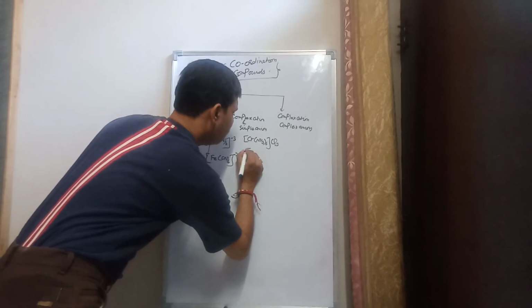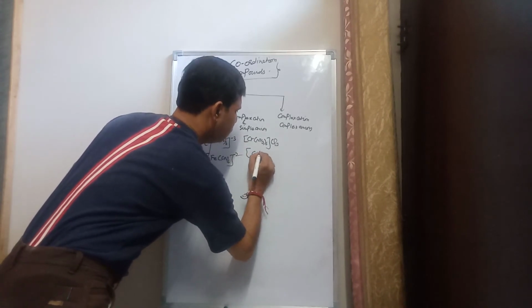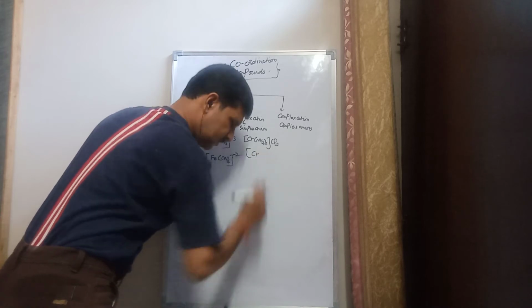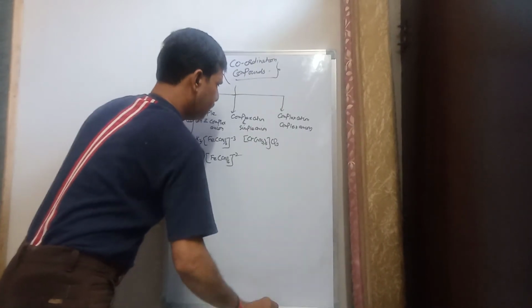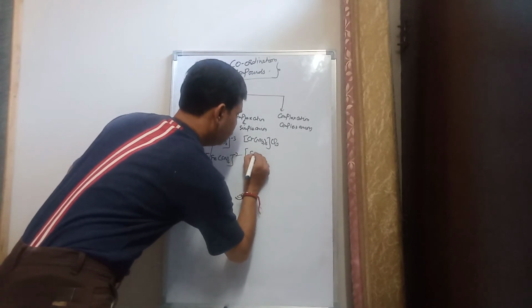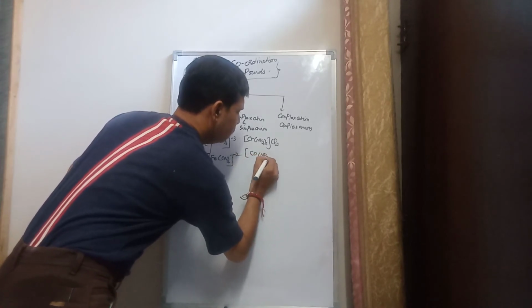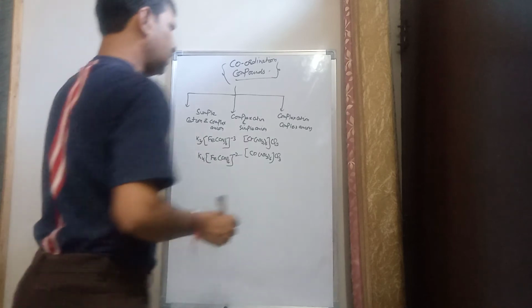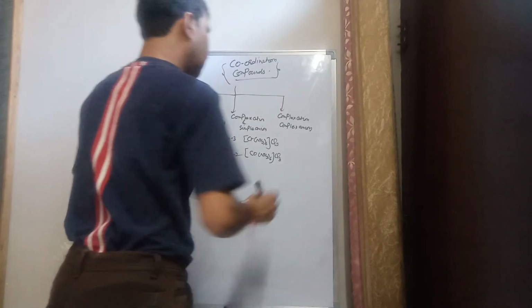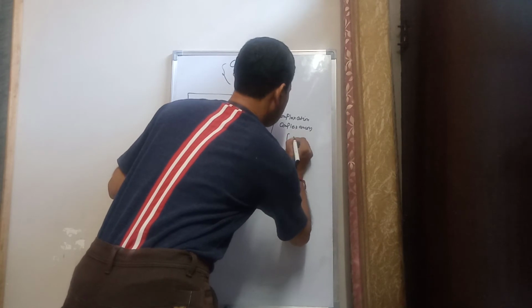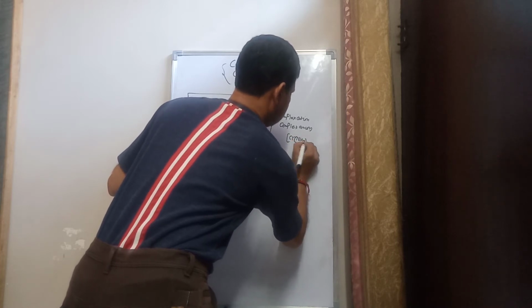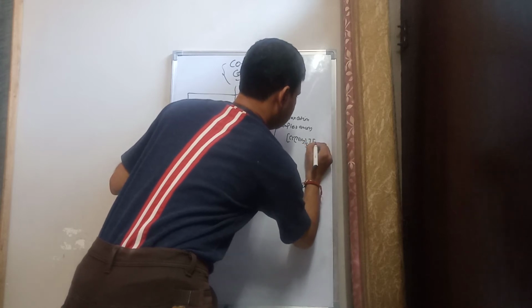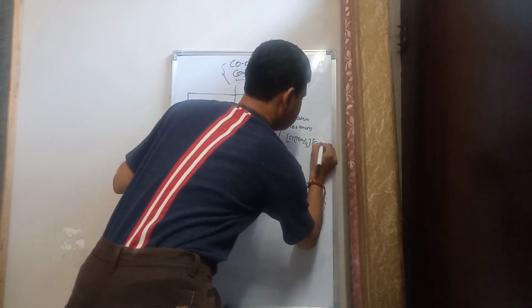In the same way, [Co(NH3)6]Cl3 is also a complex salt with complex cation and simple anion. And in the same way, [Cr(NH3)6][Co(CN)6] has a complex cation and complex anion.